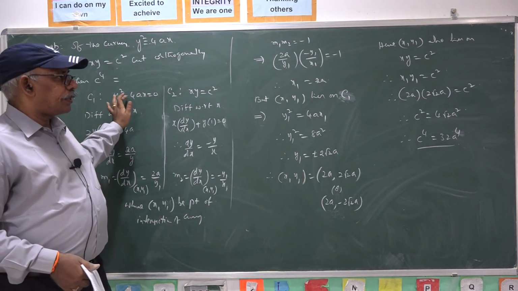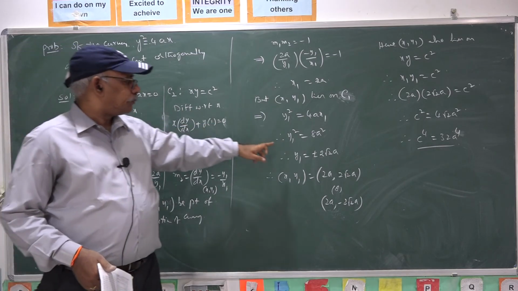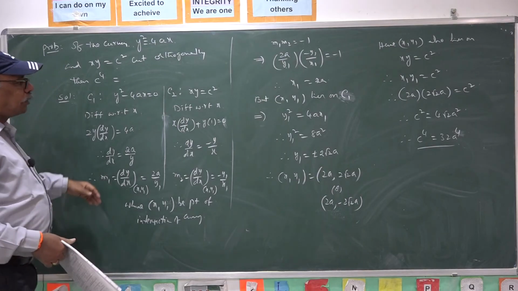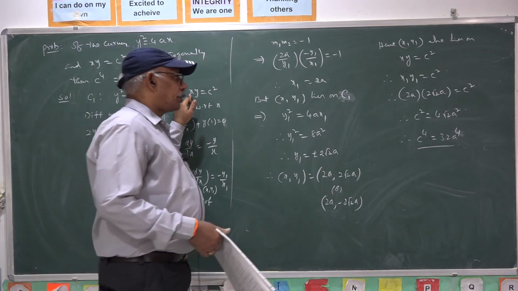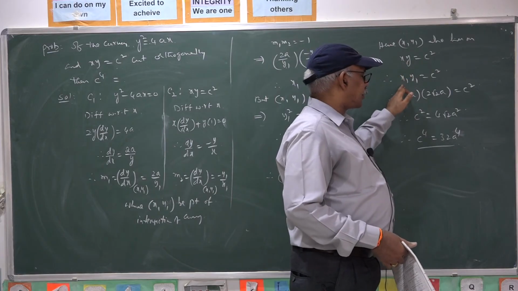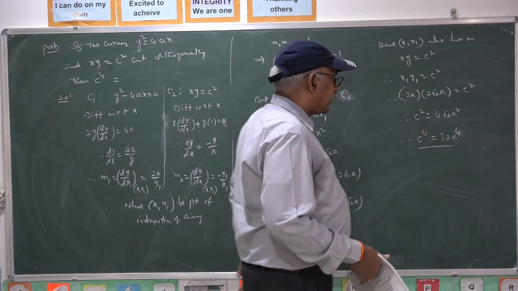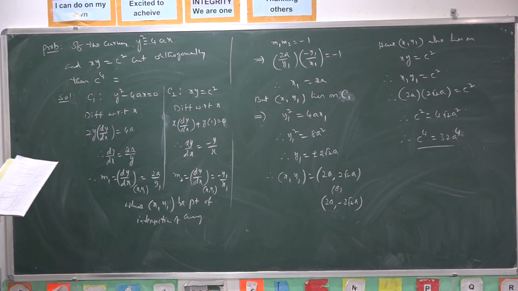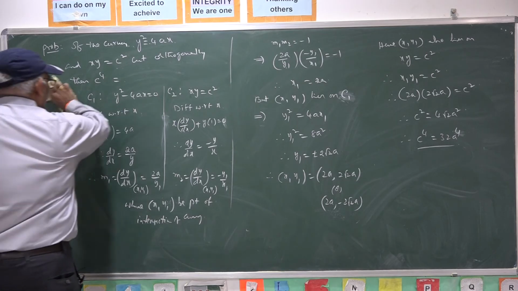The point of intersection lies on this curve, so y1 equals 2 root 2a whenever x1 is 2a. It also lies on this curve, hence I am taking x1 y1 in place of x y in this curve to get the required relation between c and a.